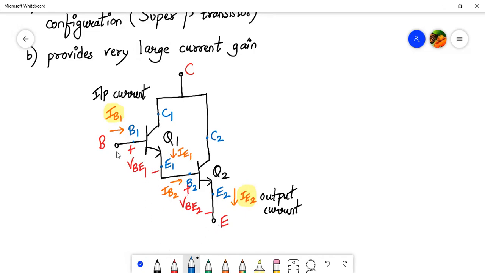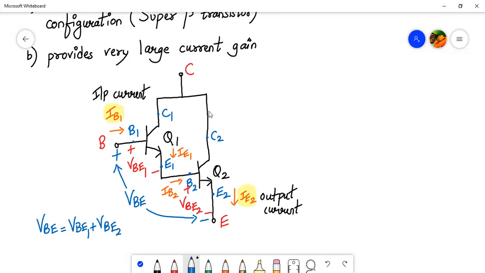So the total VBE, capital VBE, will be VBE1 plus VBE2, right? All right. For a Darlington pair, your base to emitter voltage is equal to the addition of the individual transistors' base to emitter voltages. So the overall VBE of the Darlington pair will be VBE1 plus VBE2.